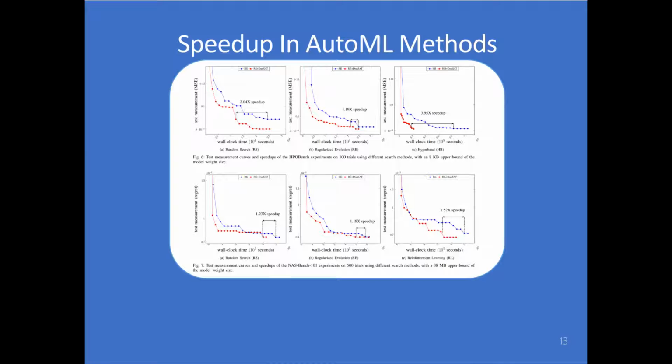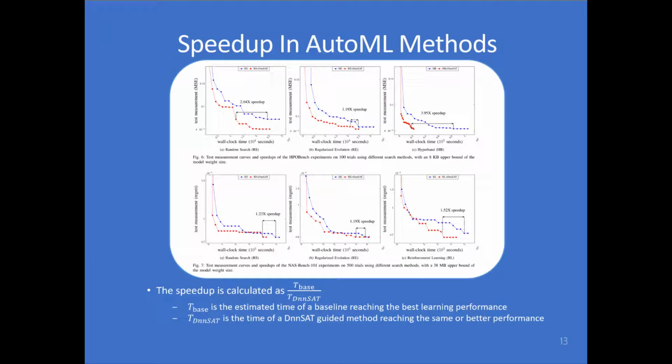In this section, we consider the model weight size constraint and evaluate the effectiveness of DnnSAT on benchmarks. We perform two sets of experiments, baseline and DnnSAT-guided experiments, over four representative AutoML methods. We then measure the speedup achieved by DnnSAT over each baseline method on each benchmark.